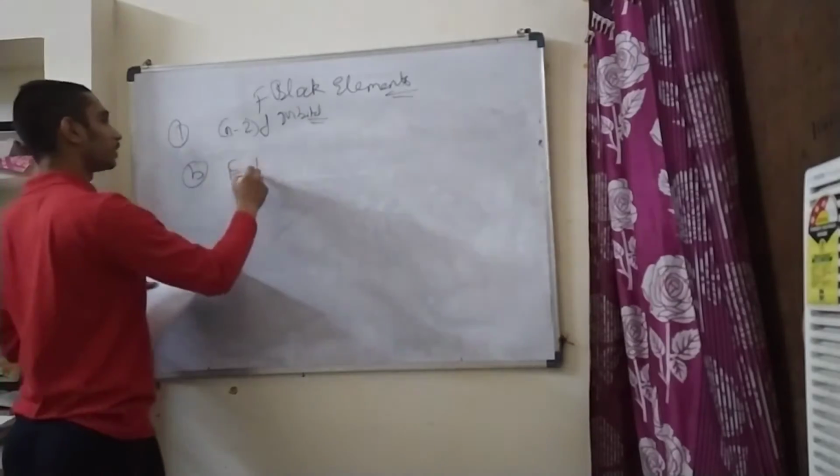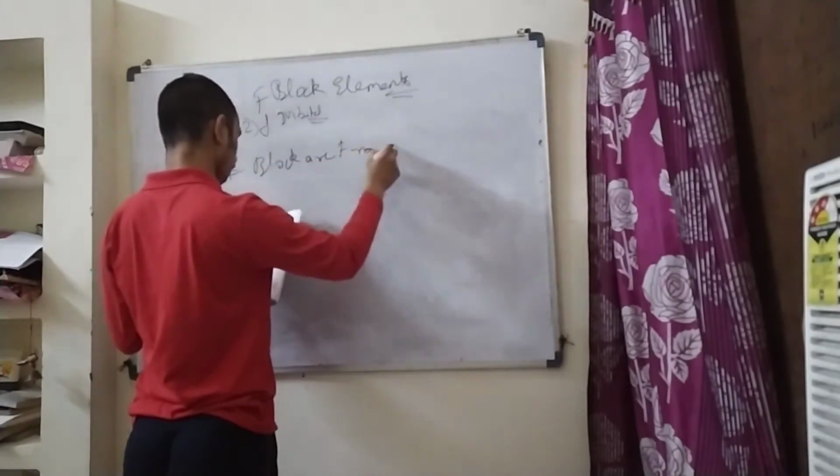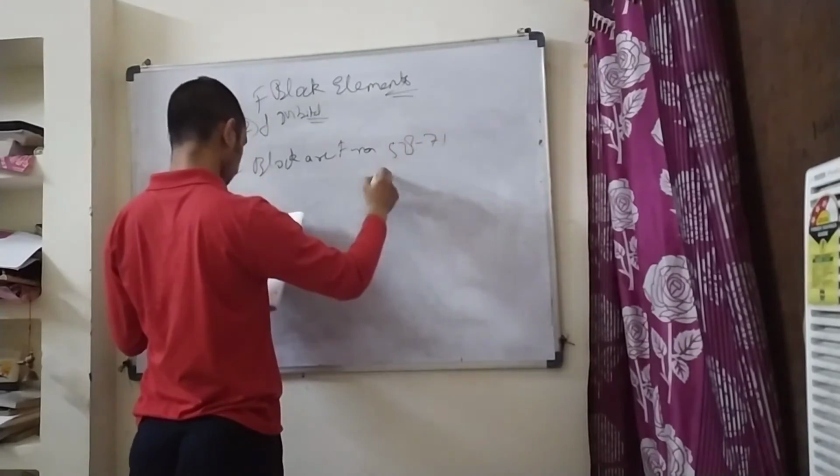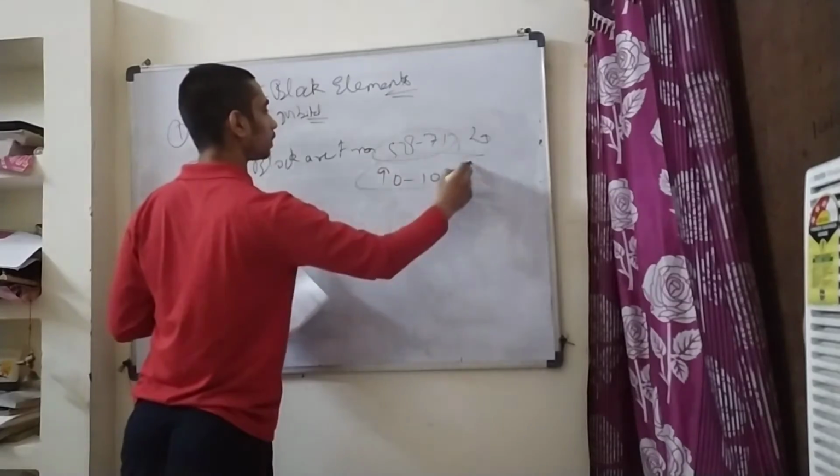F block elements are from 58 to 71 and 90 to 103, starting from lanthanum and starting from actinium.